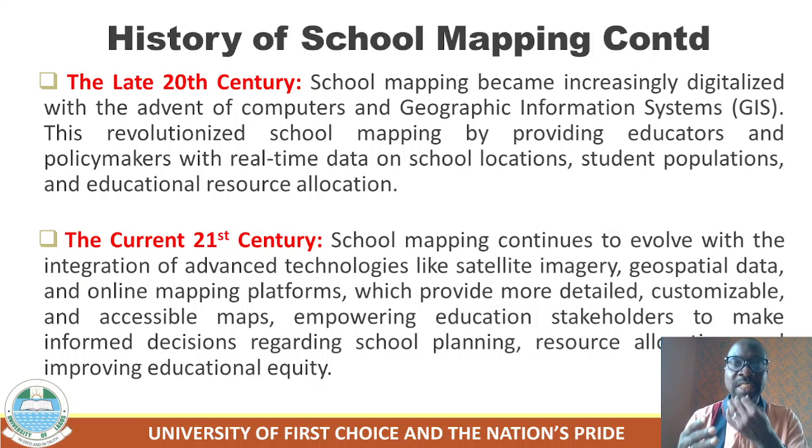All these advanced technologies now provide more detailed, more customizable, and accessible maps that empower education stakeholders to make informed decisions regarding school planning, resource allocation, and how to improve educational equity.